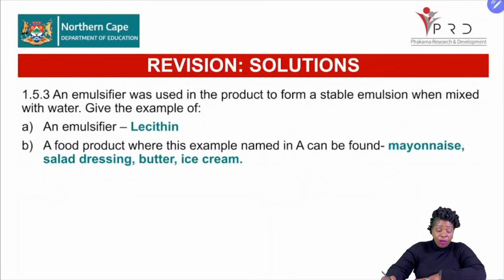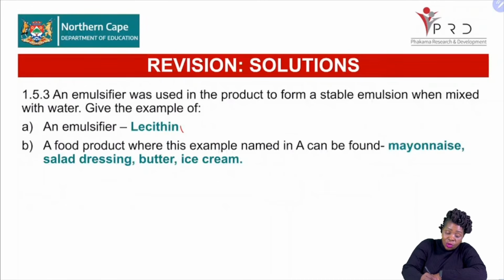1.5.3 says an emulsifier was used in the product to form an emulsion when mixed with water. Give the example of A, an emulsifier. So an emulsifier is called lecithin. And then B says a food product where this example named in A can be used.